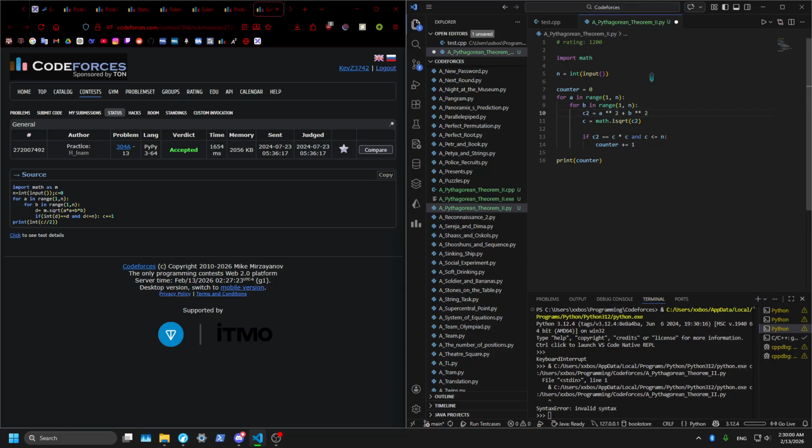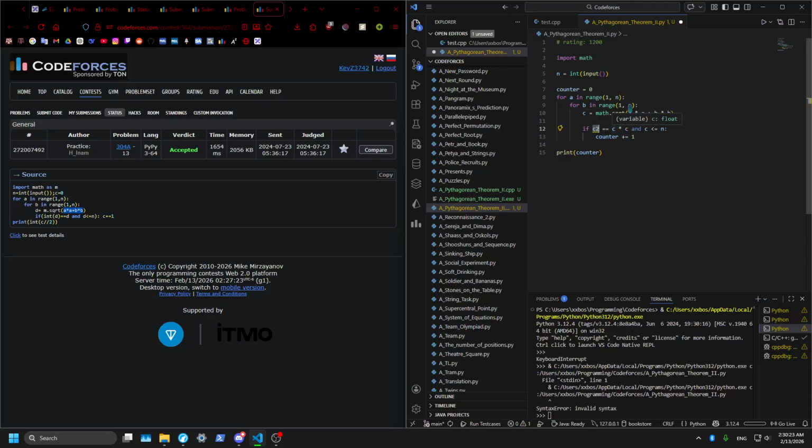And c is math.sqrt of a times a plus b times b. Yeah, this is pretty standard.